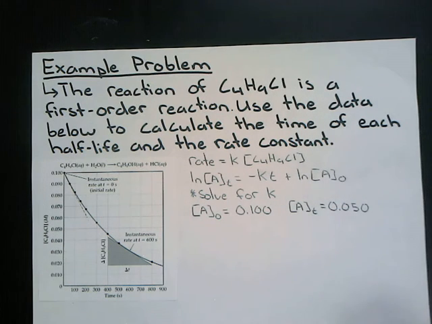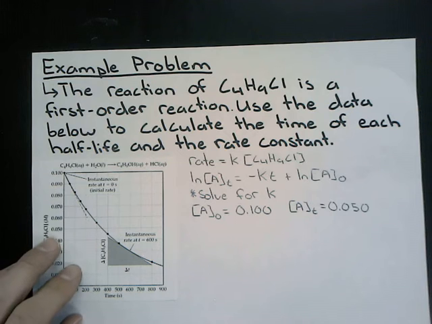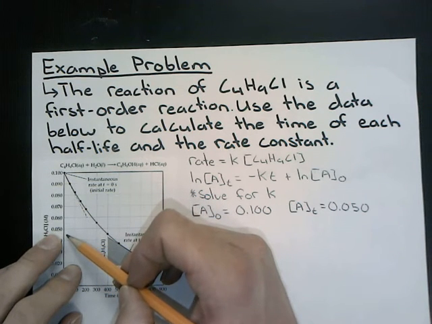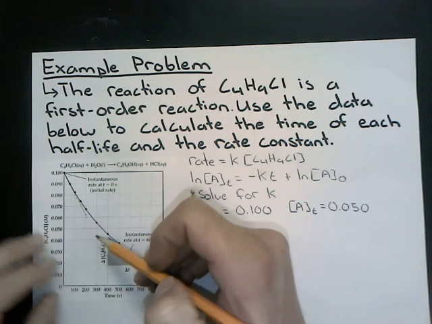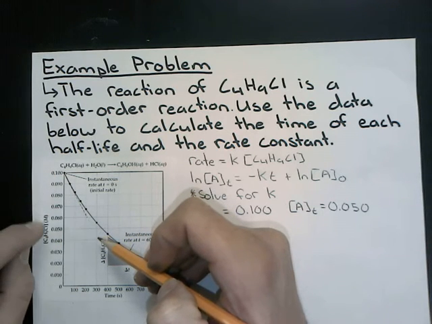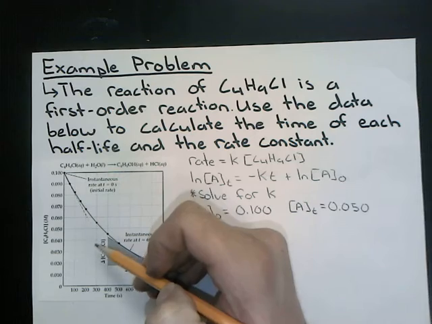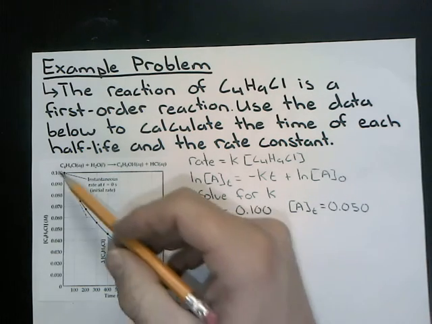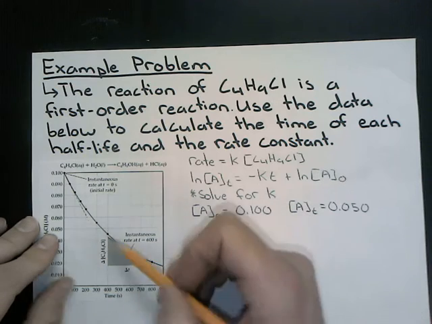So let's go ahead and make our concentration at time t 0.050. Now, the last thing that we need to do before we solve for K is find out how much time it took to go from 0.1 to 0.05. Well, the time it took to get half of our original value was this.